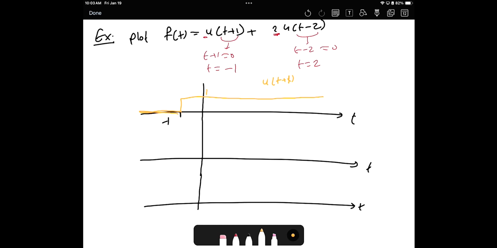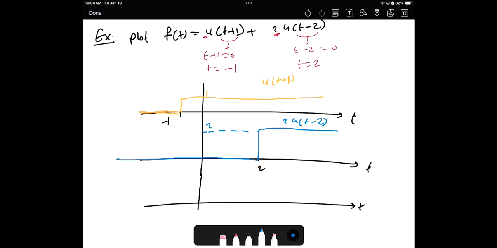Keep in mind the first term is times 1. Now with times 2, it will be activated at t equals 2. Then it will be 2, because it is 2 u of t minus 2. Before that it will be 0 like this.